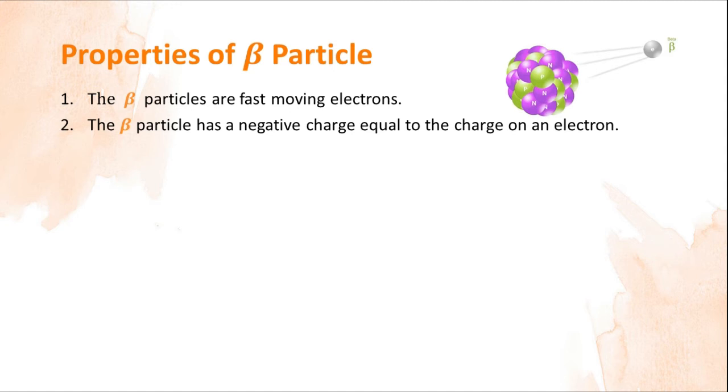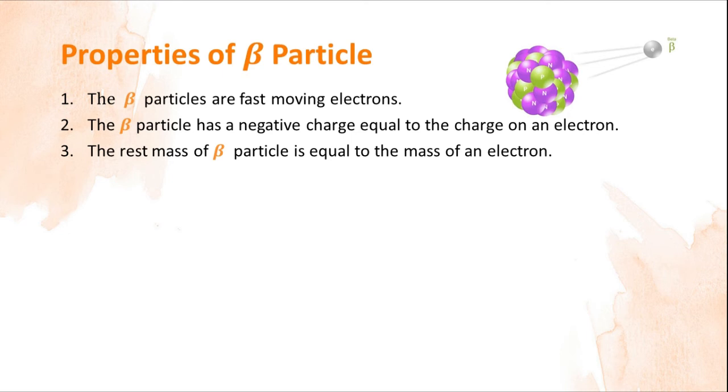Then the third one is that the rest mass of the beta particle is equal to the mass of an electron. What is the mass of electron? That is 9.1 × 10^-31 kg. The same mass is equal to the beta particle.